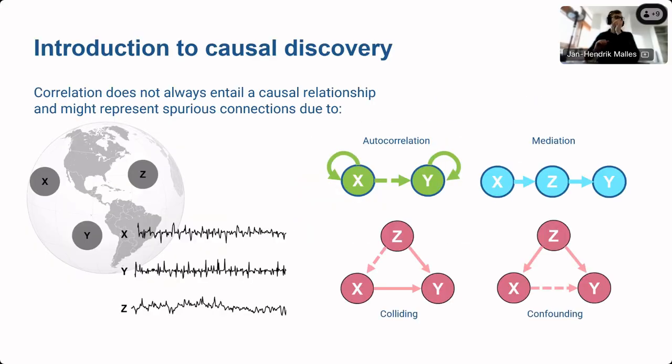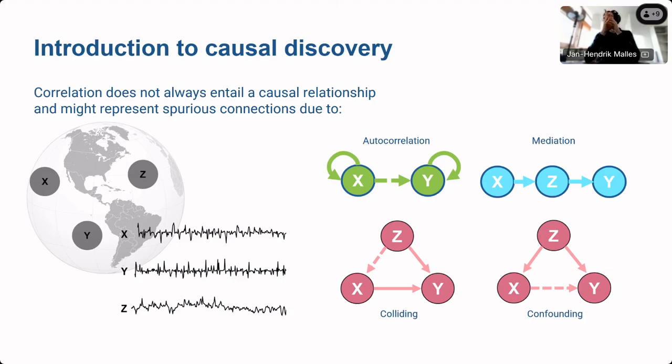So first of all, what is causal discovery? It basically is the idea that if you have two or more variables, they might be correlated, but there might not always be a causal relationship between them.